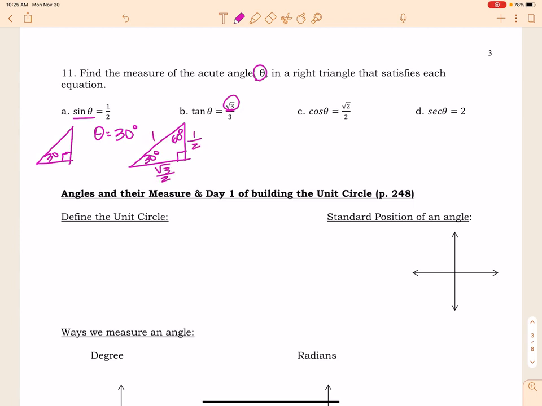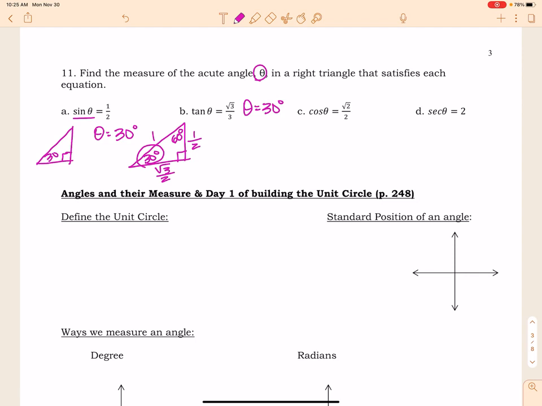If I'm ending up with radical 3 in the numerator and a 3 in the denominator, that means I would have had to, at some point, probably rationalize my denominator, which indicates that it is going to be the tangent of 30 degrees. So here, theta is going to equal 30 degrees.